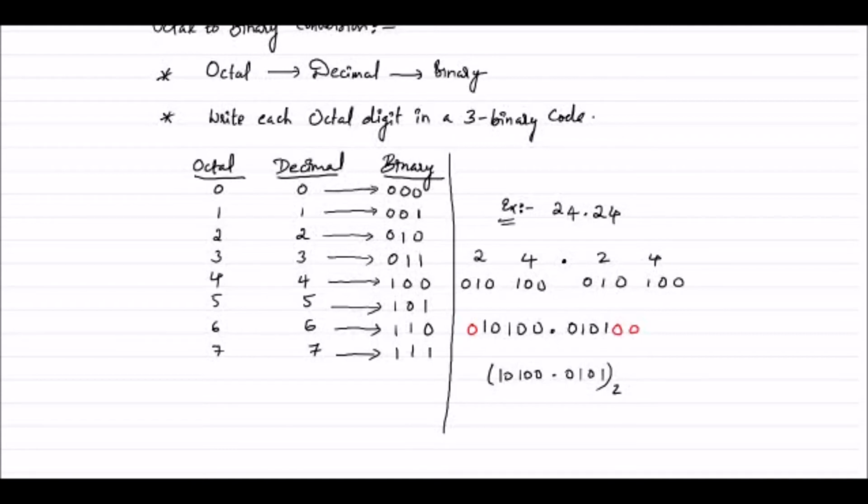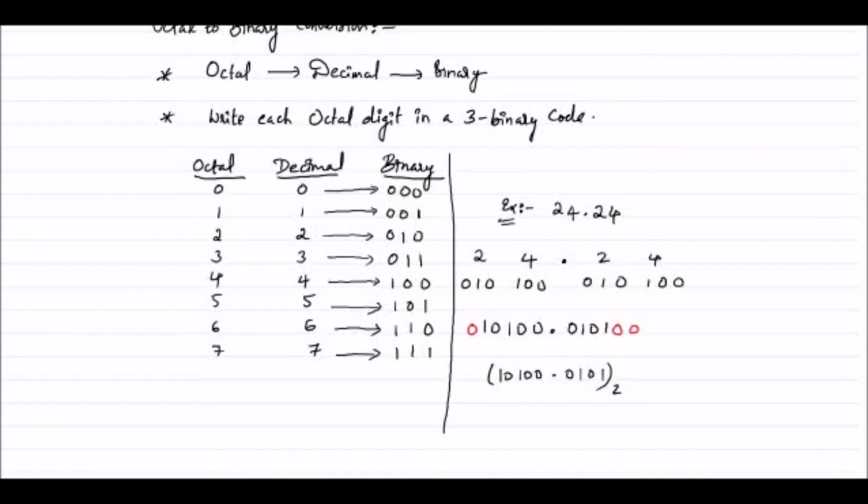Every octadecimal digit is denoted with 3 binary digits. So these 3 binary digits can easily give the binary value. I have written the octadecimal values here, from 0 to 7, and the decimal equivalent values are also 0 to 7, and each is represented with a 3-bit binary code.